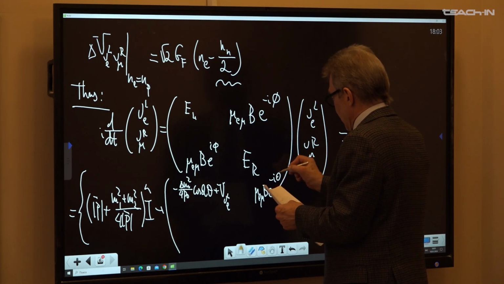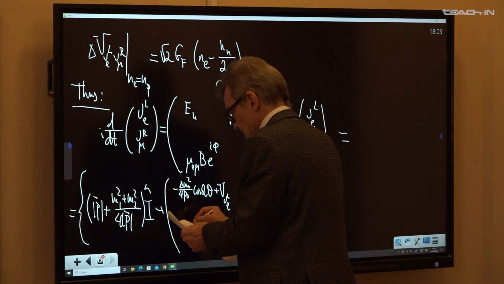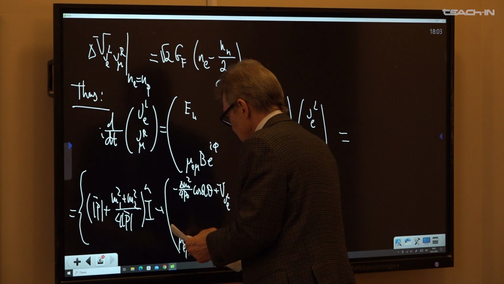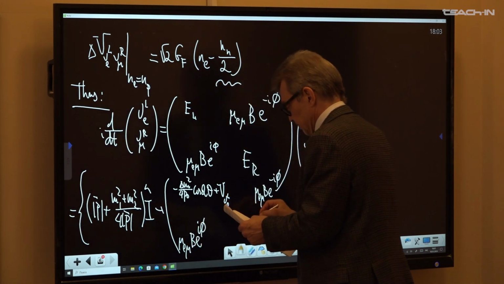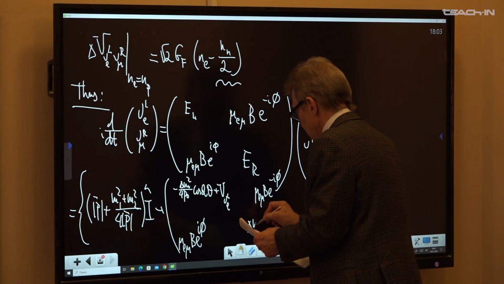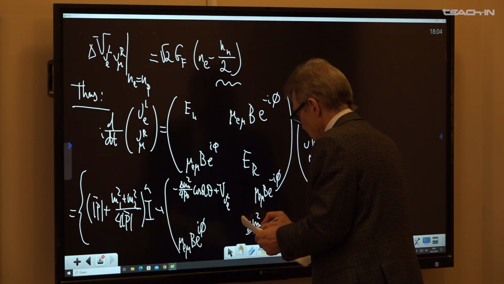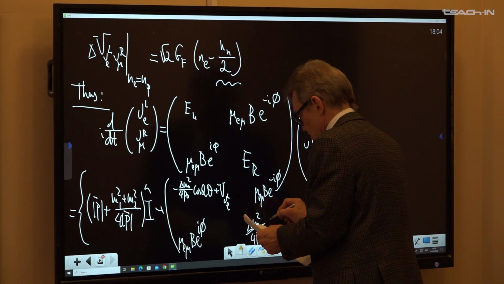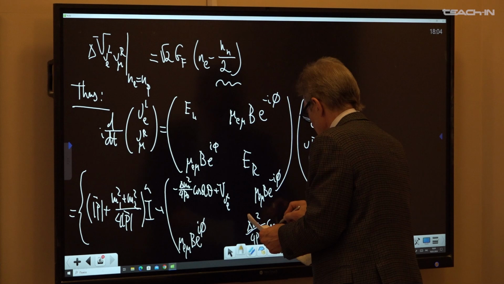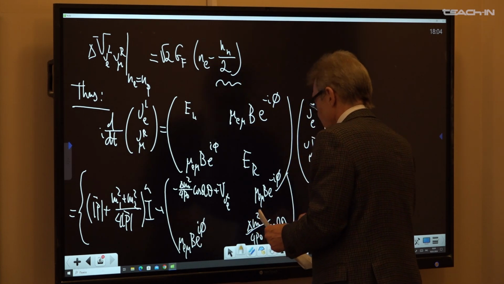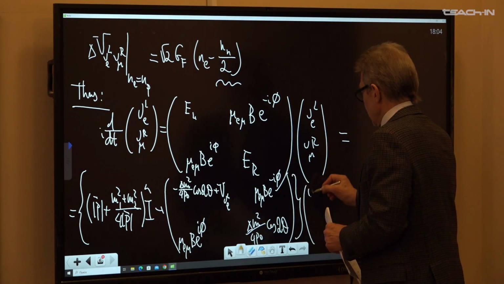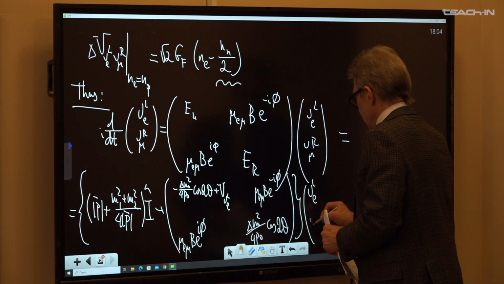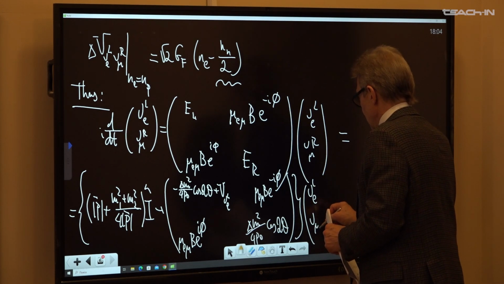Minus i phi. Then the second line, a magnetic moment of the same type, multiplied by the magnetic field, exponent i phi, delta m squared divided by 4 energy of neutrino, cosine double theta. And everything should couple to our neutrino state, that is the left electron and right muon neutrino.